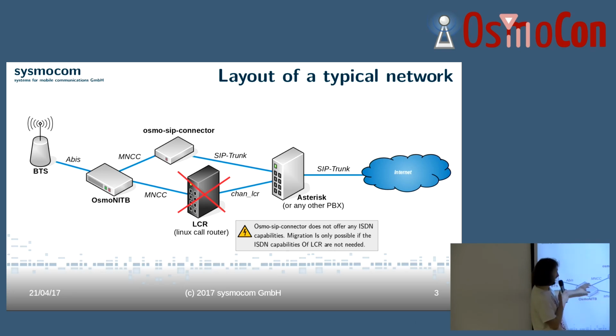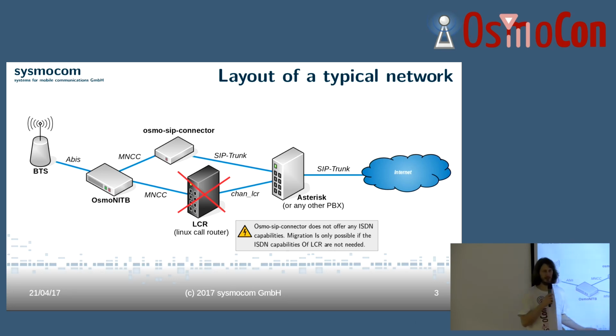then it would connect to some intermediate layer. Back in the days, that was the LCR, and that would connect to Asterisk, for example. That's only an example. It would work with any PBX software. So we want to replace this huge LCR block, which offers a lot of features we don't really need. Of course, if you need ISDN features and if you have used it already, it's not a good option to replace it.